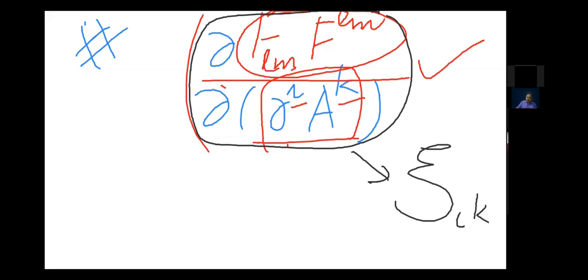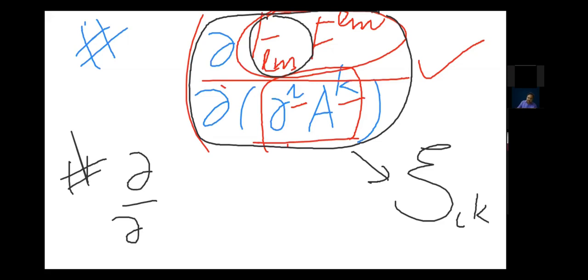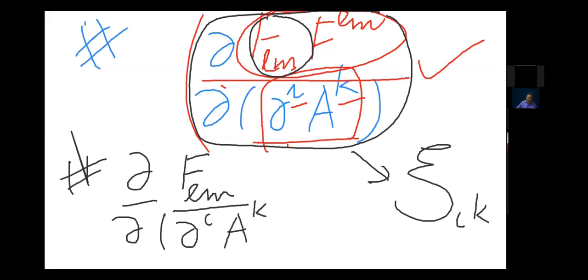Okay, so you have to calculate this, and when you do this, first you try to do a simple problem. That is, you just take one term, don't take both of them together. So just take one term, that is del FLM, and del down below the same thing, I and K. Okay, it is simple to calculate.